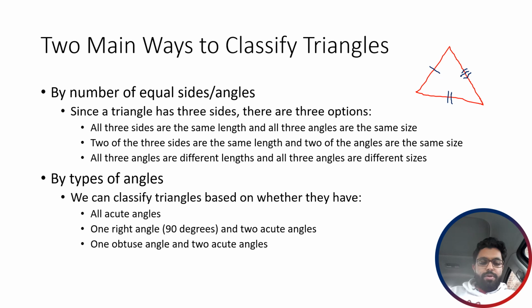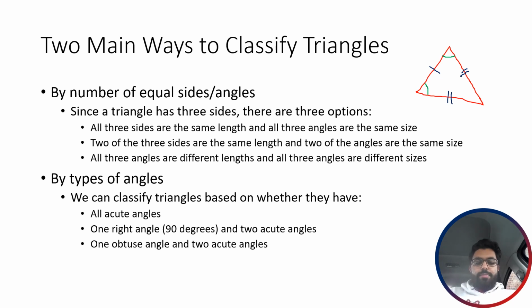So for instance, if I were to say something like that, now I'm saying that this side here and this side here are the same length as each other. That's what the double tick marks here and here indicate, that this side and this side are the same length. And in that case, if you had those two sides be the same length, then you would also have that these two angles are the same size as each other.